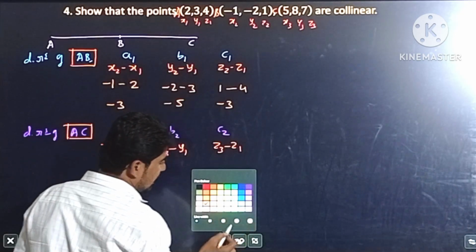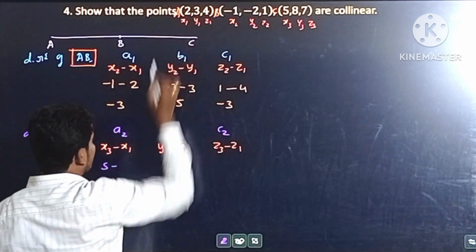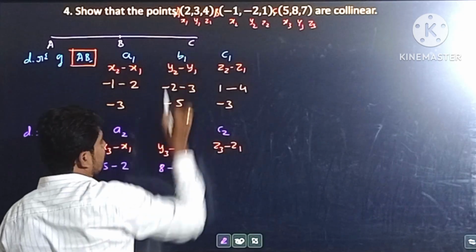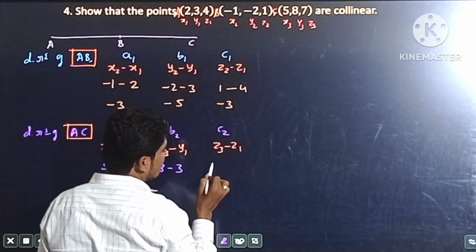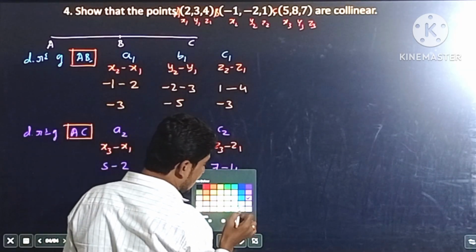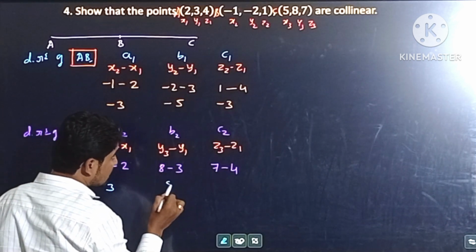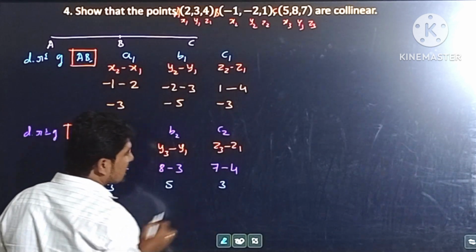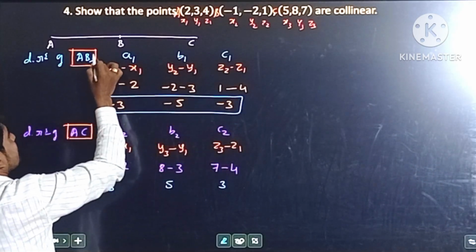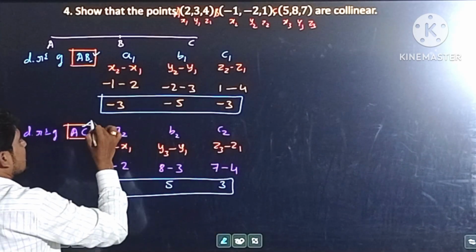Now see here, the value of x3 is 5 minus x1 which is 2, the value of y3 is 8 minus y1 which is 3, and the value of z3 is 7 minus the value of z1 which is 4. Therefore, the values of a2, b2, c2: 5 minus 2 is 3, 8 minus 3 is 5 and 7 minus 4 is 3. So the first set is the direction ratios of the line segment AB and the second set is the direction ratios of the line segment AC.